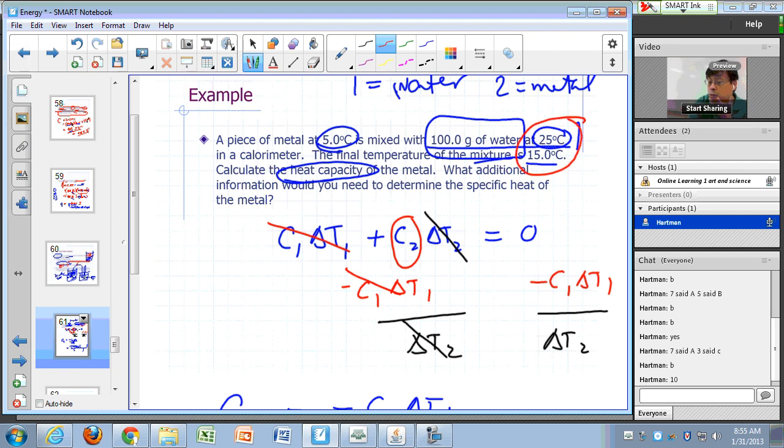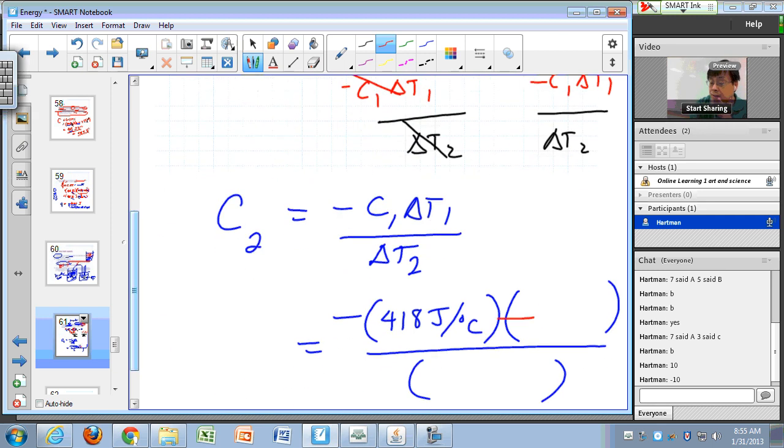It went from 25 to 15. So what's delta T for our water? And let's change that to 25.0 so we don't have a problem with sig figs. Negative 10, very good. So negative 10.0 degrees Celsius.